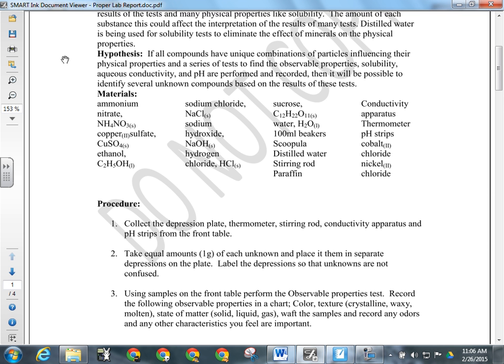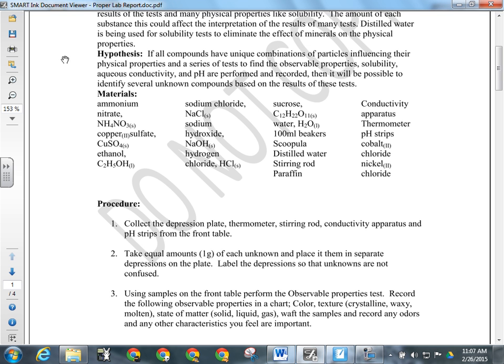But last time I checked, sugar is crystalline. So it's probably not sugar. Agreed? Okay. Water's a liquid, so it's not that. Paraffin. Paraffin, I told you, is also known as candle wax. That's looking pretty likely right now. Okay? Candle wax doesn't dissolve in water. So if it doesn't dissolve, its pH is probably going to be what?